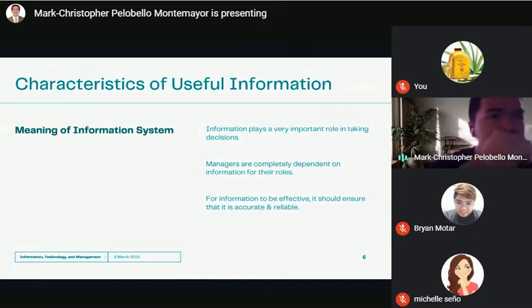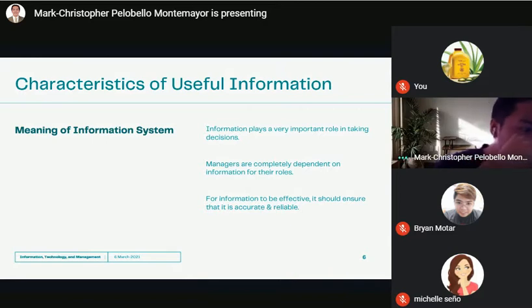You might ask for some vivid examples. Sa organizations natin, naka-encounter na tayo ng wrong information na natanggap natin, nakagawa tayo ng mga maling decisions. Lalo na ngayon po sa time ng pandemic, na without proper or adequate information na natatanggap natin, nakakagawa tayo ng maling decision.